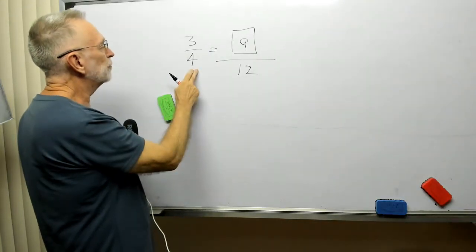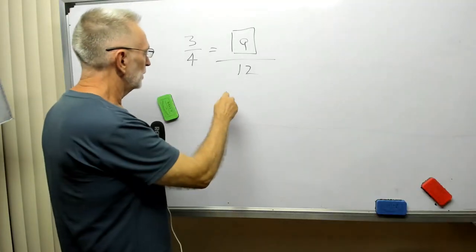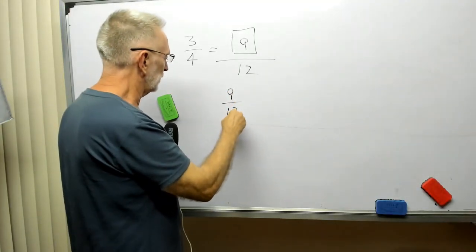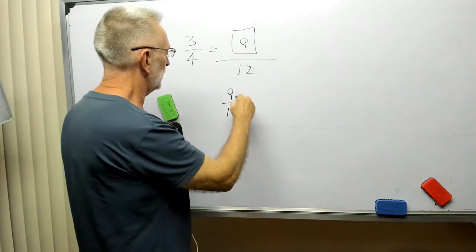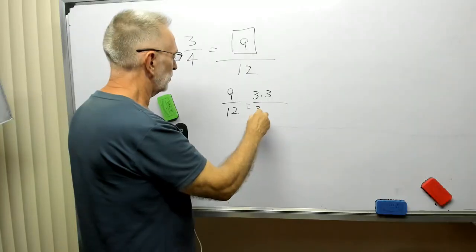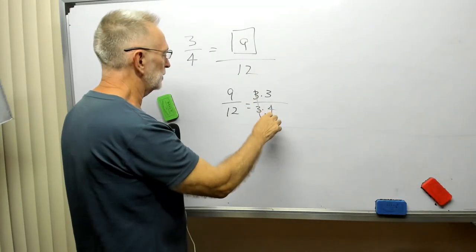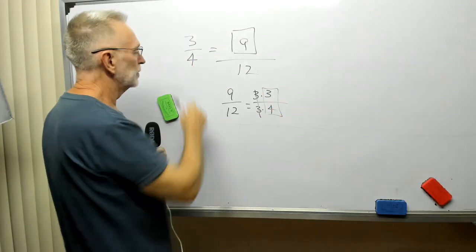So 3/4 is equivalent to 9/12. Let's see if that's correct. 9/12. Okay, 3 times 3 is 9. 3 times 4 is 12. 3/3 is 1. There's my 3/4.